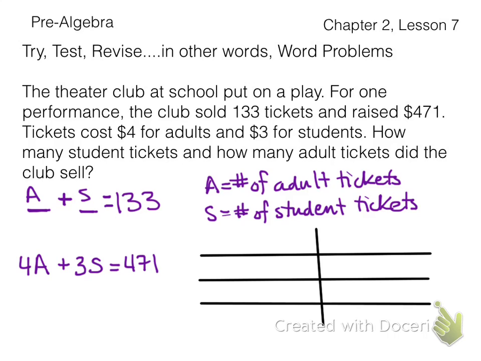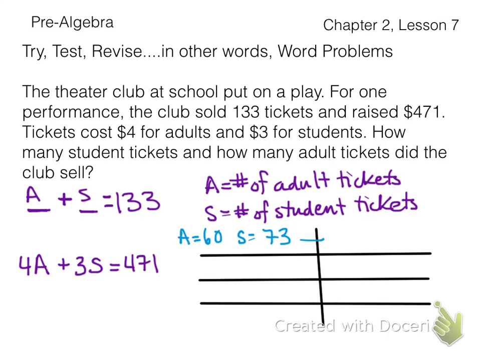And I'm going to go ahead and keep a little table here so that I can keep track of my guesses. I'm going to just start guessing adult tickets. I'm going to guess that the adult tickets was 60 tickets. If the adult tickets are 60, 133 minus 60 would be 73 student tickets.